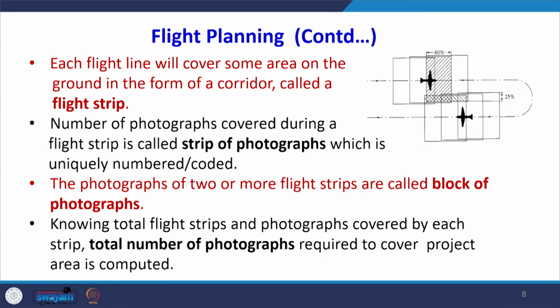By knowing the number of photographs in each flight line and the total number of flight lines to cover the area, I can calculate the total number of photographs required. We have to consider the overlap region also when computing the total number of photographs, and this is important so that we know how many photographs we have to analyze at the end.